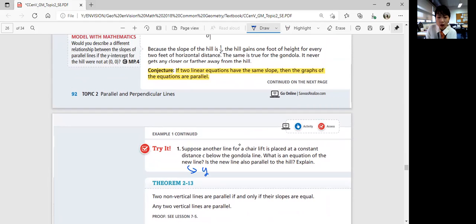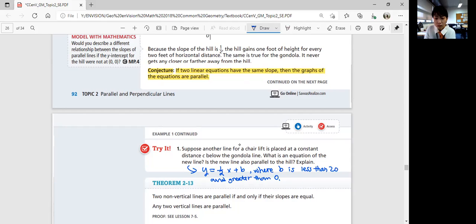So you can say it could be y equals 1/2, that's your slope, x, plus, let's say b, where b is less than 20, because b is your y-intercept, and greater than 0.